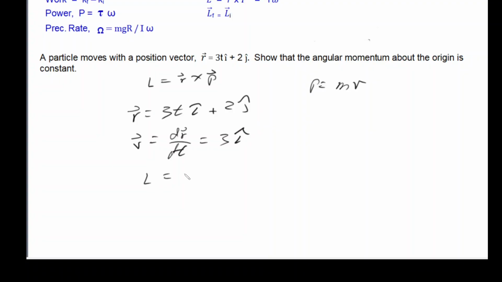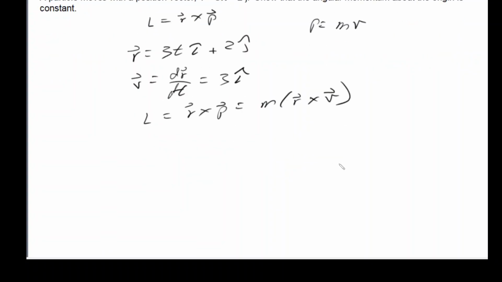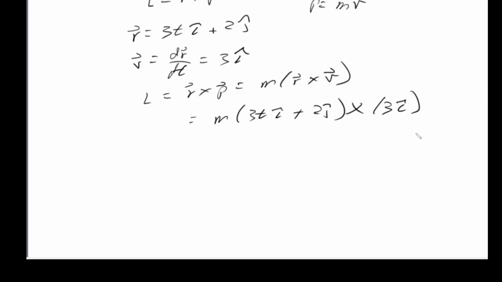And L is equal to r cross p, which is equal to m times r cross v. And we can put those amounts in. So that's equal to m, and r is 3t i plus 2 j, cross v, which is 3i. Now, there's a couple ways we can do this.